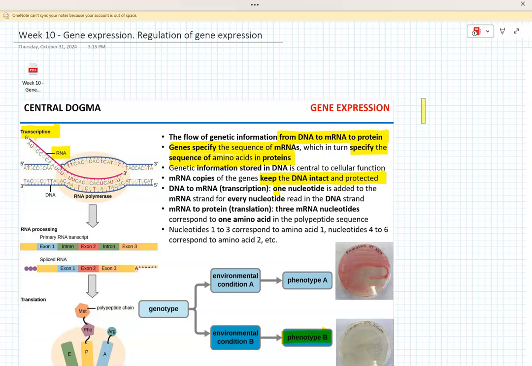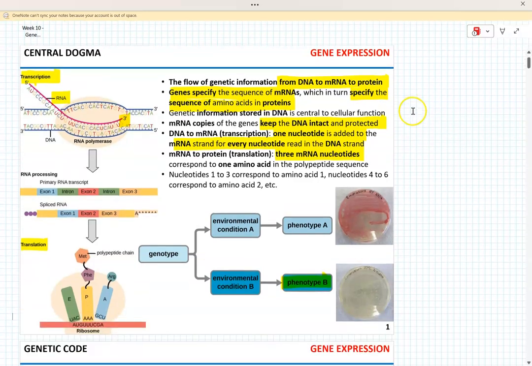During transcription, one nucleotide is added to the growing chain of RNA per every nucleotide that is read in the DNA strand. During translation, every 3 nucleotides in an RNA molecule match one amino acid in the sequence of a future polypeptide.